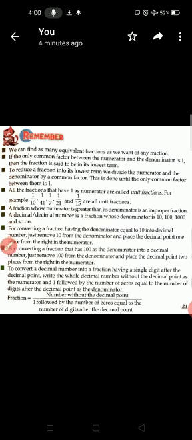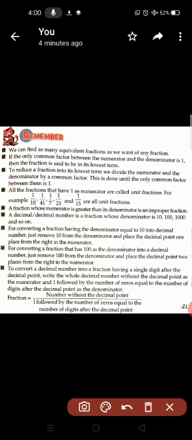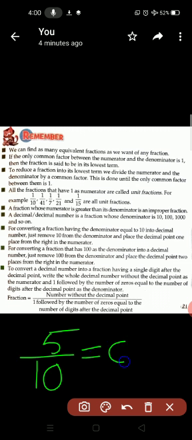So, if the number is only 5 by 10, then the whole part is not there. We will replace it by 0, 0.5. 5 by 10 is equal to 0.5.